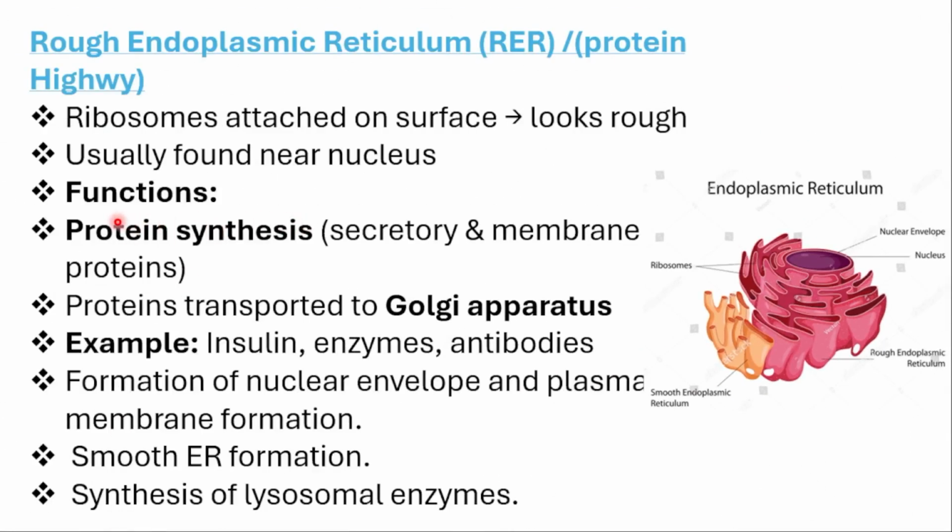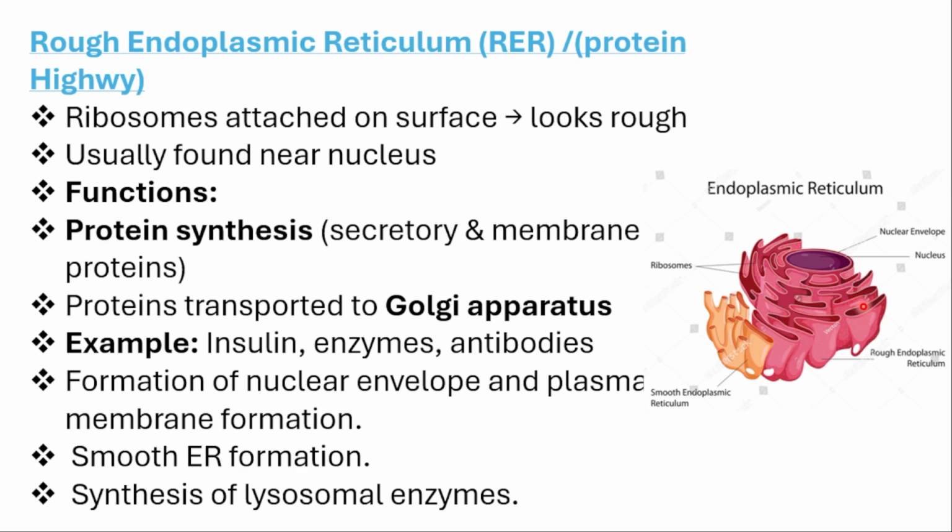Next, what is the function? Functions of the rough endoplasmic reticulum. The main function is protein synthesis. They usually synthesize secretory and membrane proteins, and the proteins are transported to the Golgi apparatus.